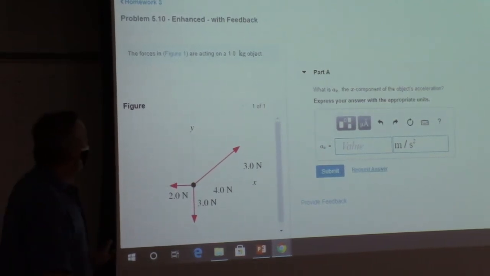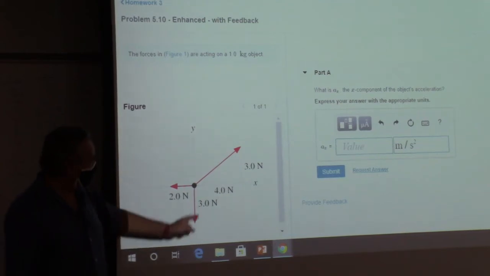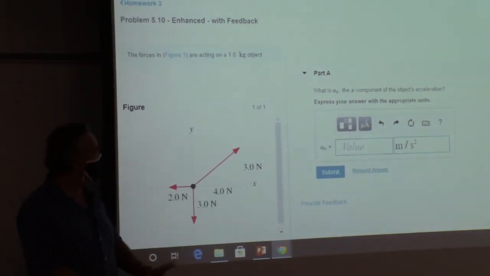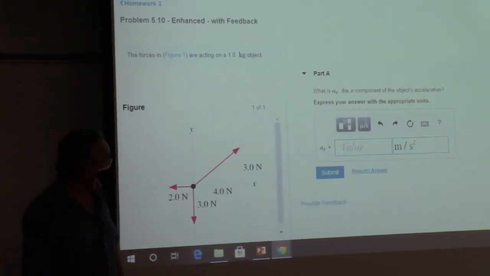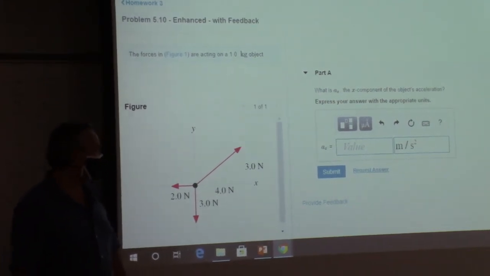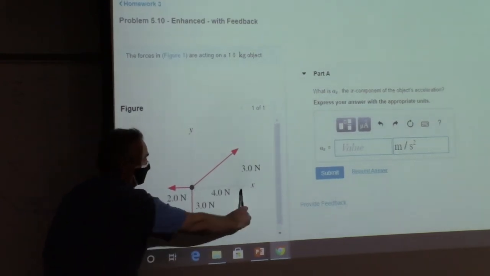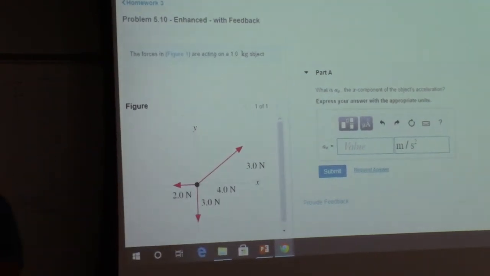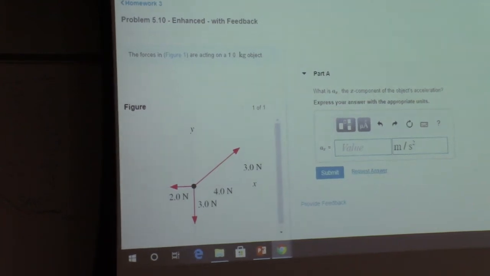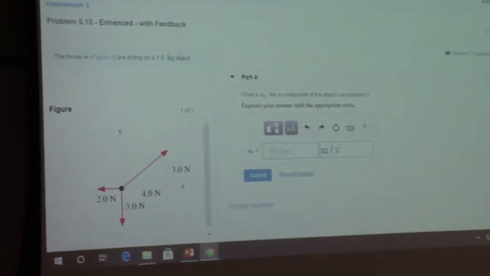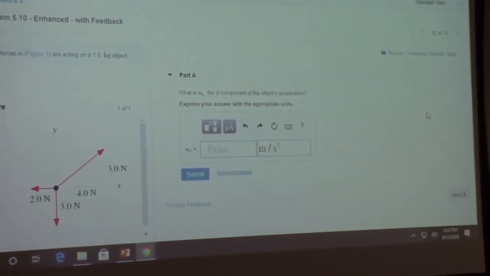There is no acceleration in the y direction. The reason is there's 3 newtons up, 3 newtons down. There is no y acceleration. Now in the x direction, there's 2 newtons to the left, but there's 4 newtons to the right. So we do have a net force in the x direction. So we could use Newton's second law to figure that out. We know the mass is 1 kilogram also.